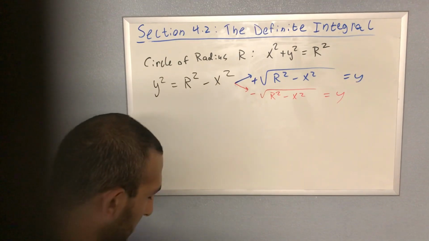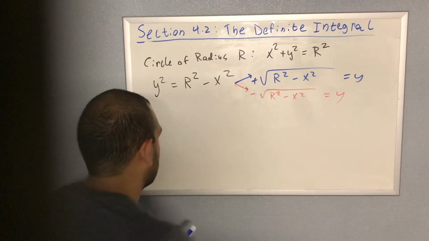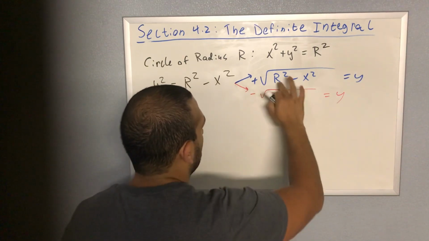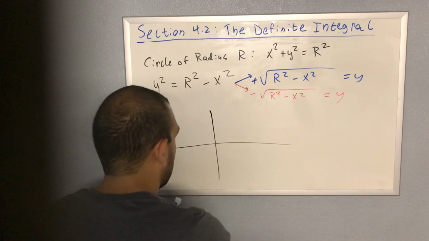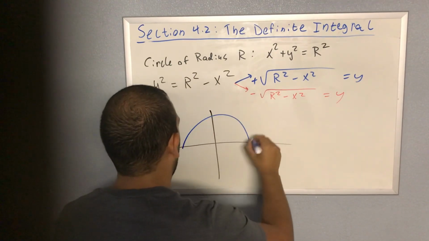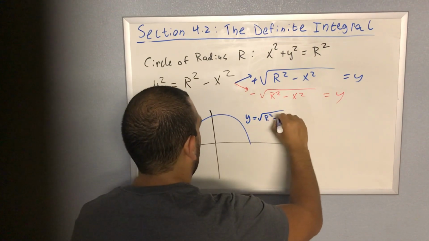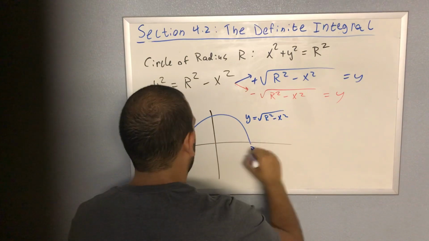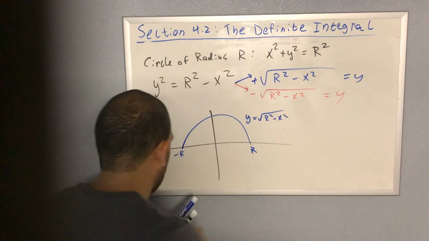So plus or minus. And so what happens is this guy is the equation for the top half of a circle. So in the coordinate plane, this is going to give you the top half of the circle. This is r again, that's negative r. And then this one will give you the lower half of the circle.